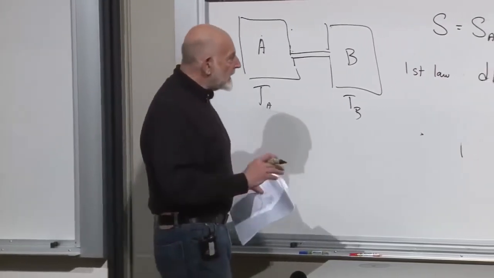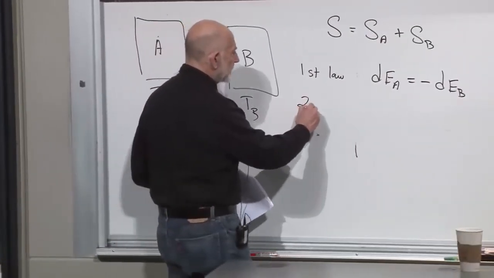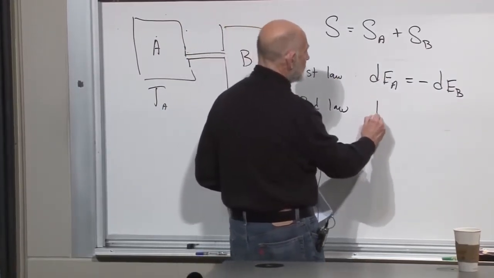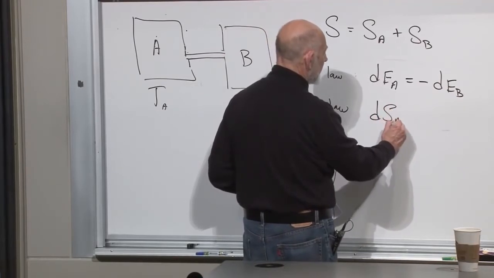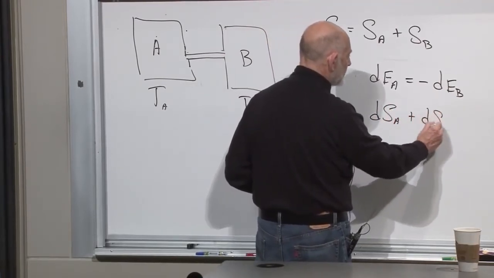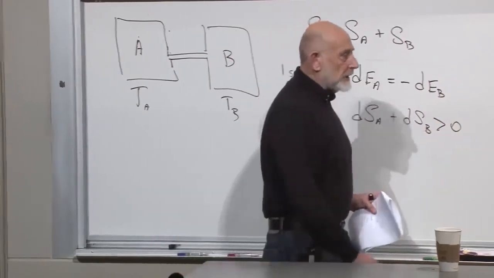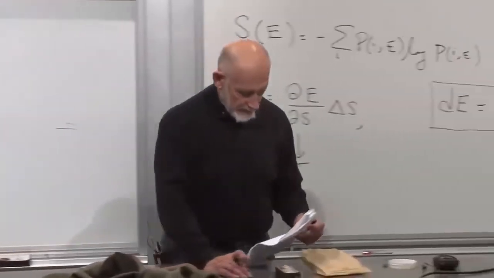Next, the second law of thermodynamics. The change in SA plus the change in SB is greater than 0. Entropy increases. Again, something we will need to justify.